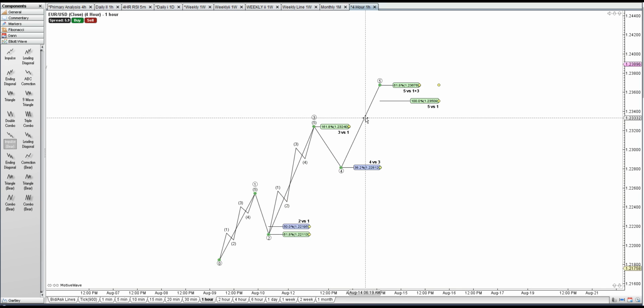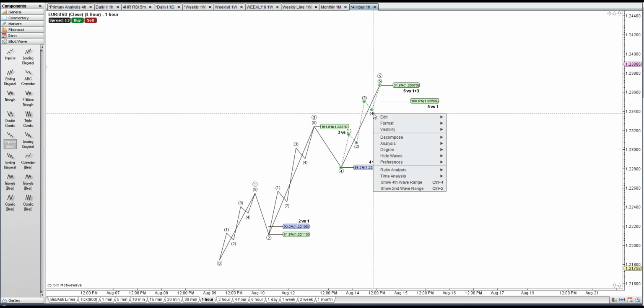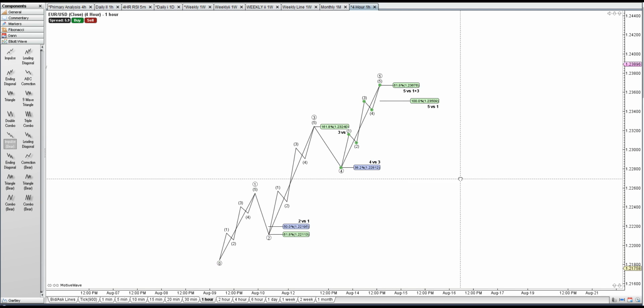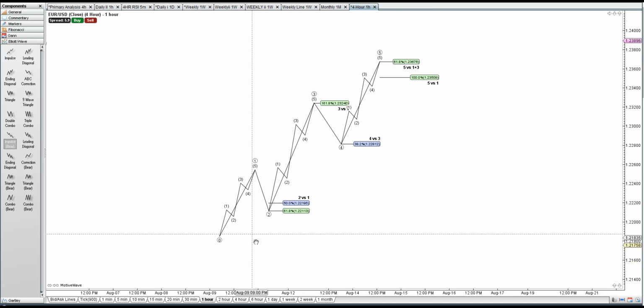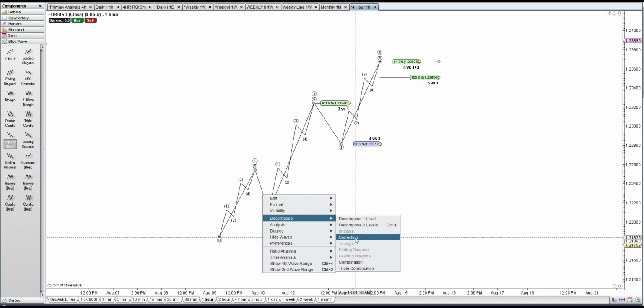And waves 2 and 4 are corrective waves. So we're just going to decompose a correction.